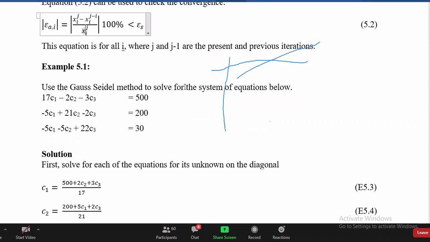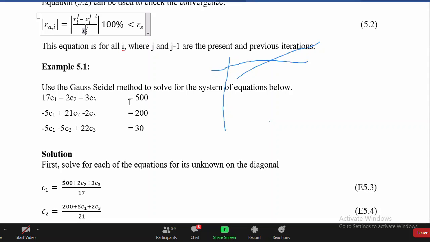Use the Gauss-Seidel method to solve the system. So you see the system: 17c1 minus 2c2 minus 2c3 equals 500. Minus c1 plus 12c2 minus 5c3 equals 200. Minus c1 minus 5c2 plus 22c3 equals 30.